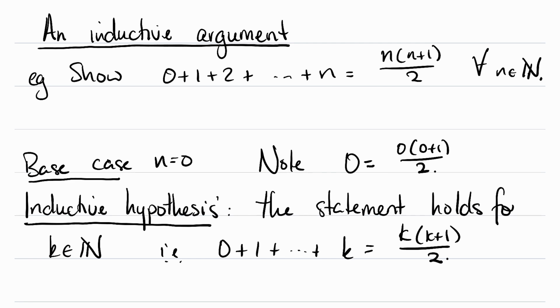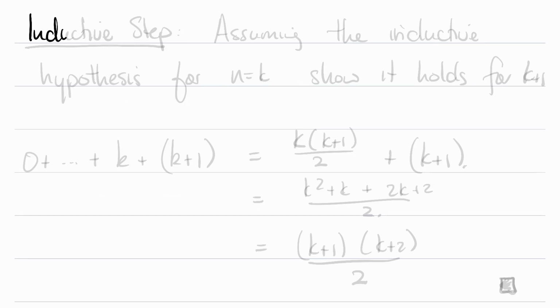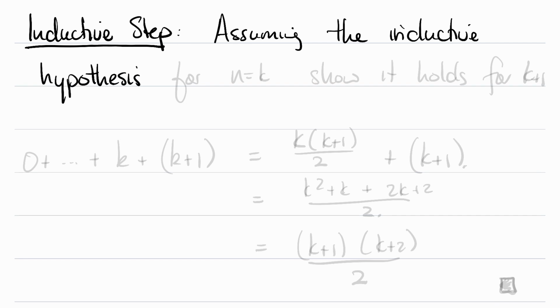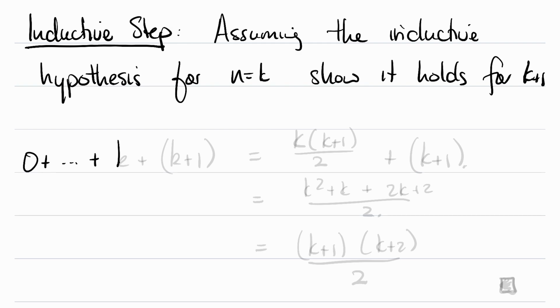And then the last part of our inductive argument is that we have to do the inductive step. So assuming the inductive hypothesis for n equals k, show it holds for k plus 1. Here, we're going to add all the integers from 0 up to k plus 1, and we're going to notice that from the inductive hypothesis, the sum of the first terms from 0 to k is equal to k times (k plus 1) over 2, and then don't forget to add the k plus 1.